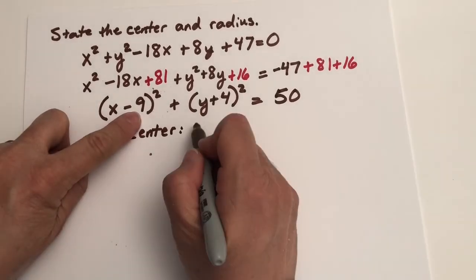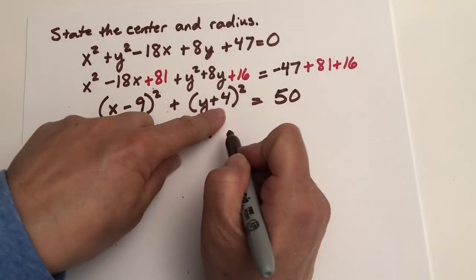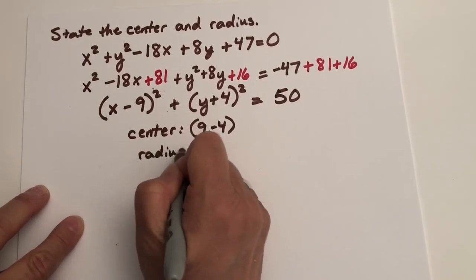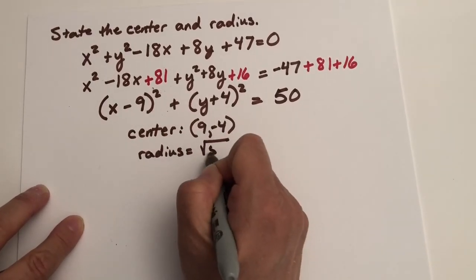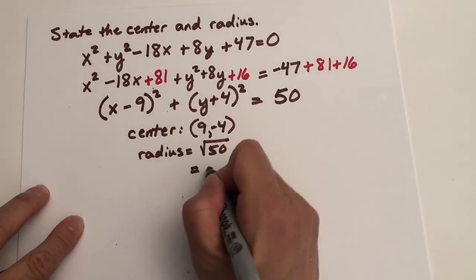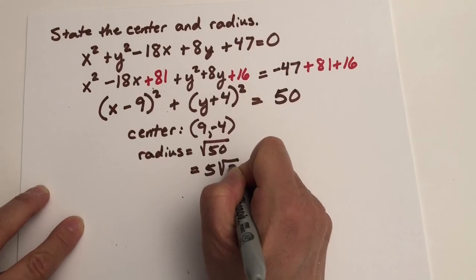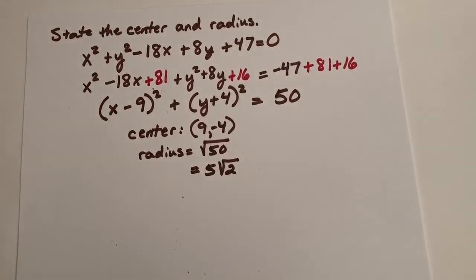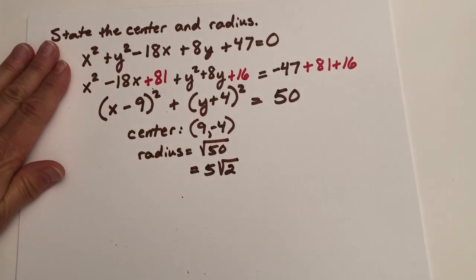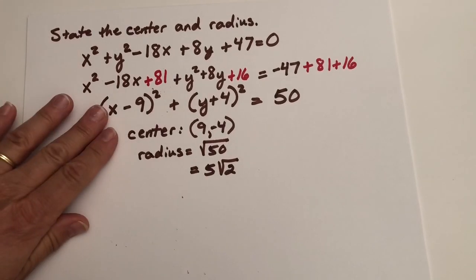So we have (9, negative 4) for center, and our radius is equal to the square root of 50. Again, that can be simplified because it's 25 times 2. So we have 5 square root of 2. So given any equation of a circle, you should be able to put it in standard form and be able to state the center and the radius.